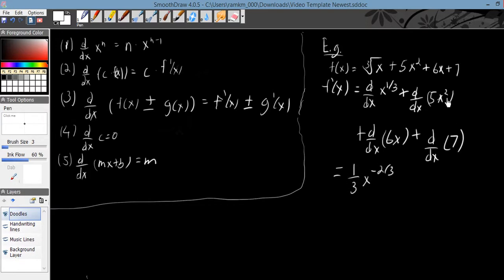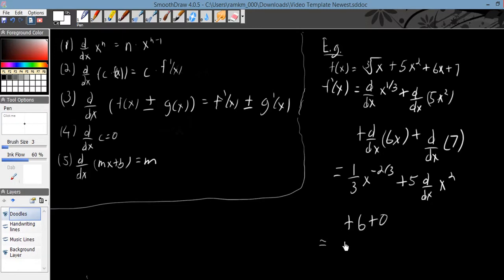This derivative here is going to be 5 times the derivative with respect to x of x squared. This derivative here is just going to be 6, right? This is of the form mx plus b, so the derivative is just m. And this here is a derivative of a constant. This is going to be 0.